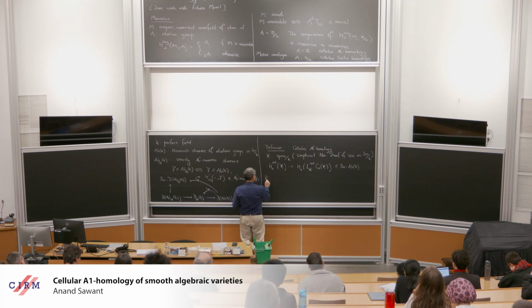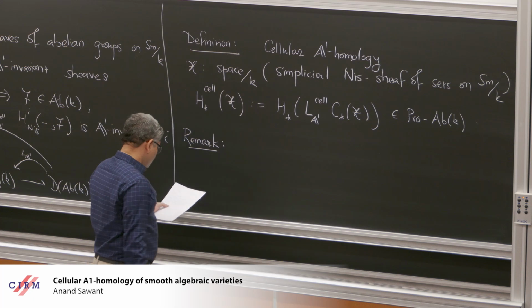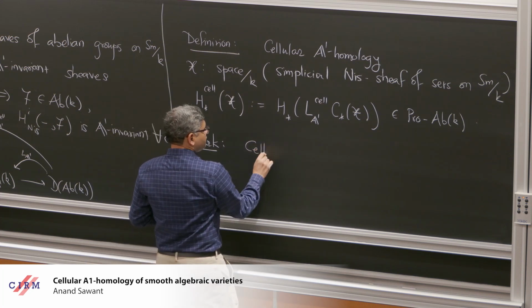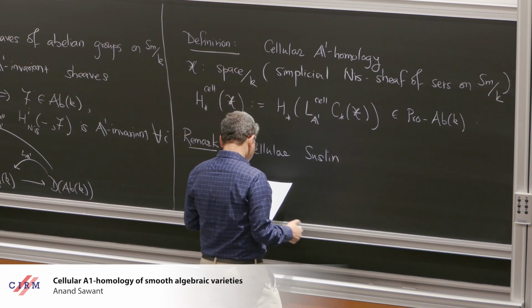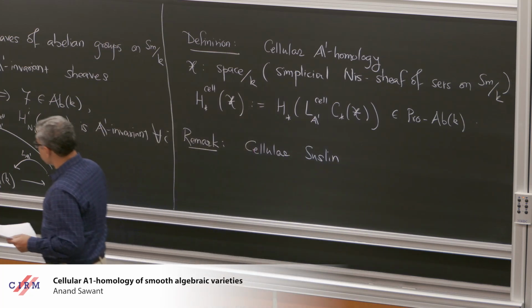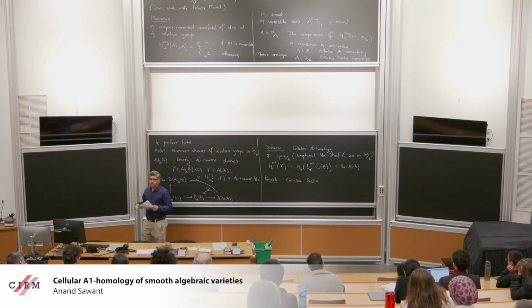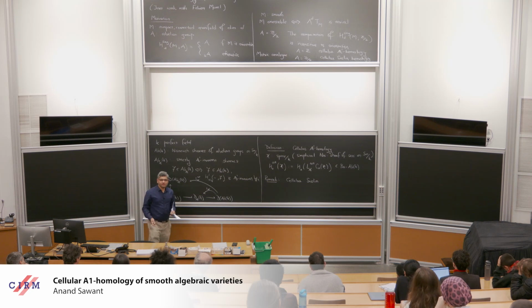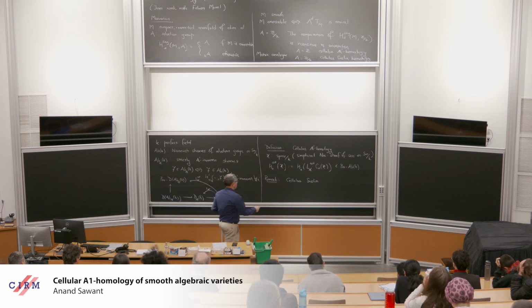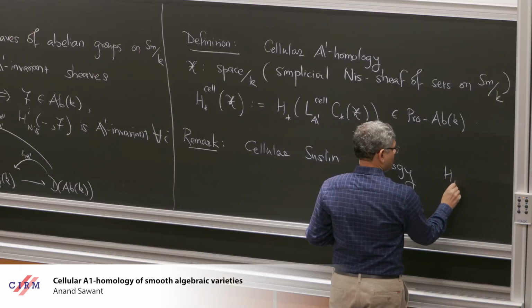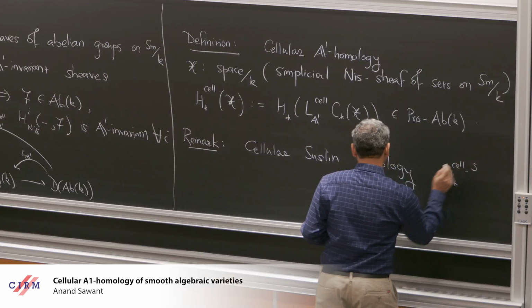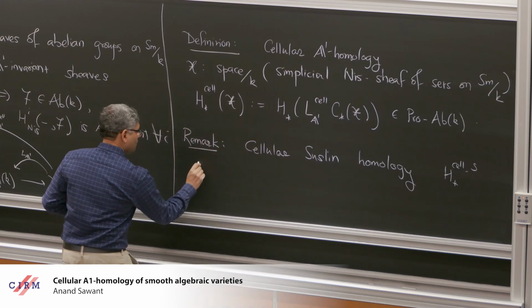And I'll just remark, although I will not say anything about cellular Suslin homology, that this cellular Suslin homology is obtained by just replacing strictly A1 invariant sheaves with homotopy invariant presheaves with transfers in the sense of Voevodsky.